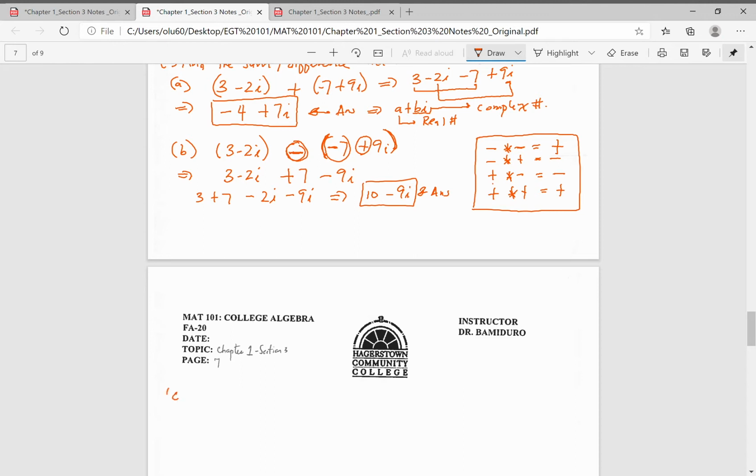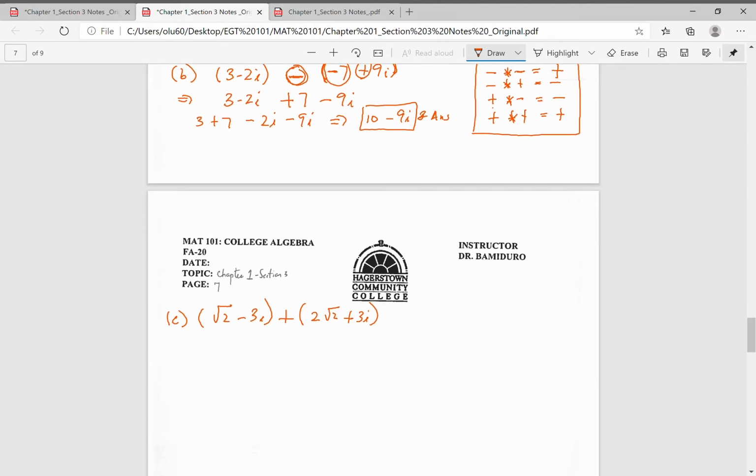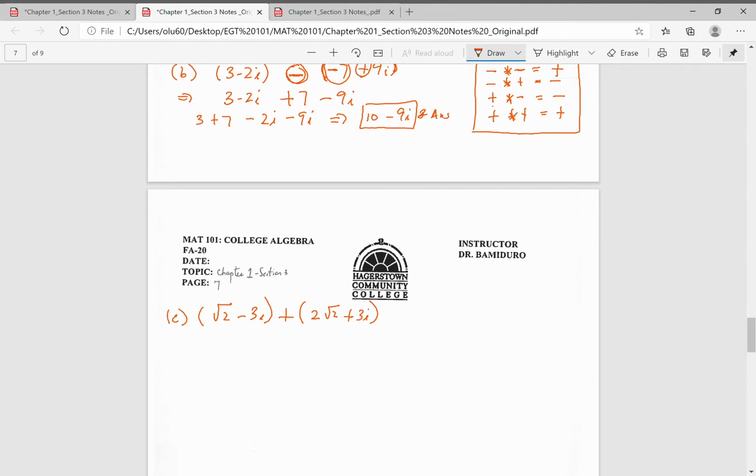Okay, so let's look at another one. Let's look at C, whereby we have the square root of 2 minus 3i plus 2 root 2 plus 3i. Okay, so in doing so, we now can open up the parentheses as a next step.